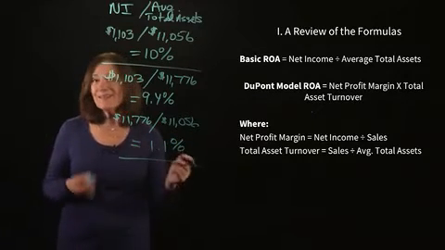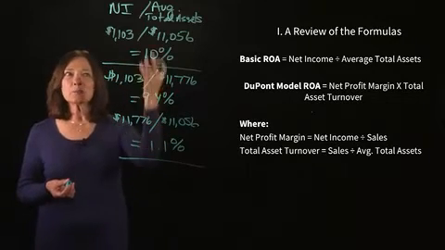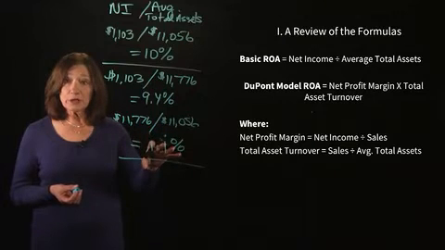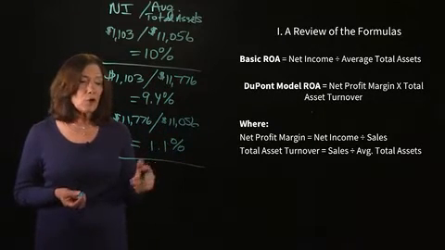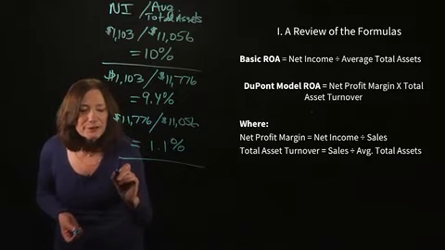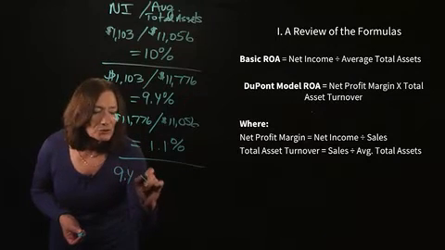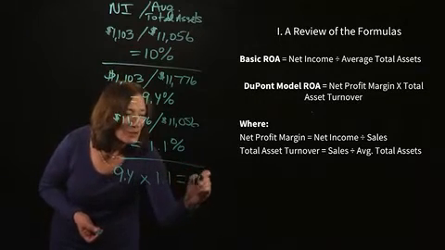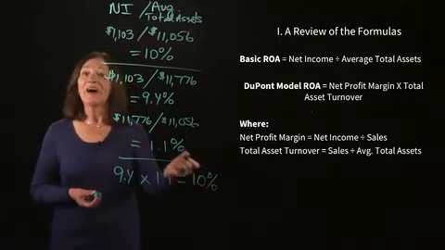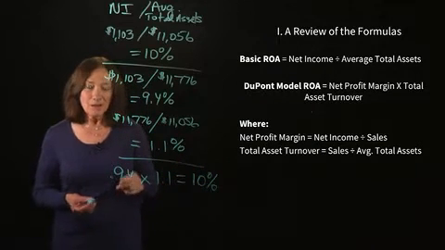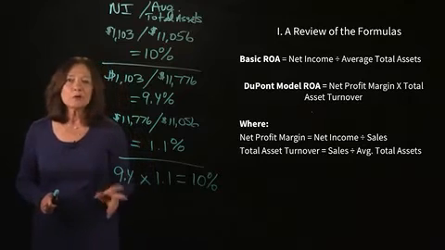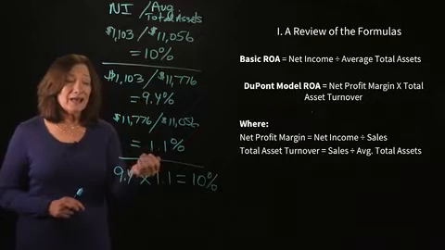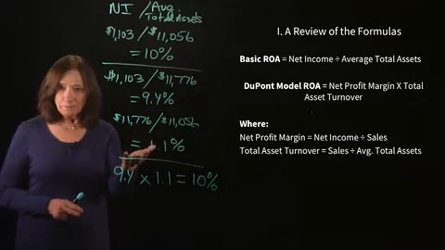Now, let's see how this works, because what we've done is basically use the same numbers in our basic calculation as we've been using in our DuPont model. So now we take the 9.4, multiply it by the 1.1, and look what happens. We end up with the exact same ROI of 10%. But now it gives us the ability to focus on two components of the equation, that net profit margin and our asset turnover.